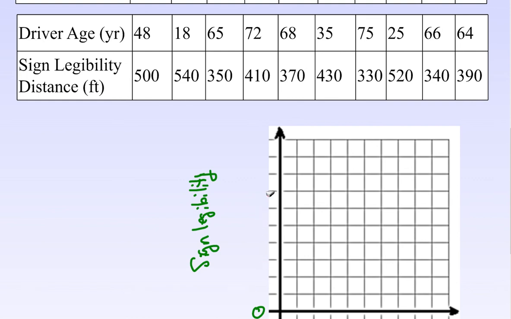So I'm going to put a break in the scale. I'm going to do ziggy-zaggy, breaking off everything in between here. I'm going to call this guy 200, 250, 300, 350, 400, 450, 500, 550, 600.